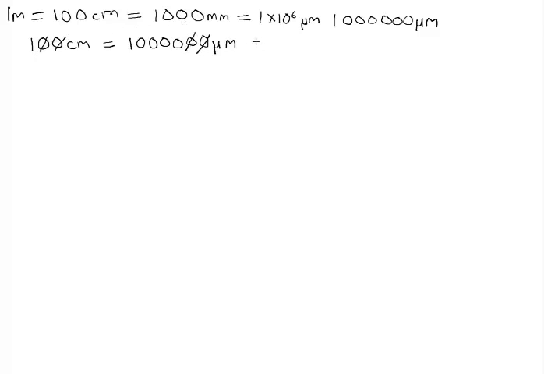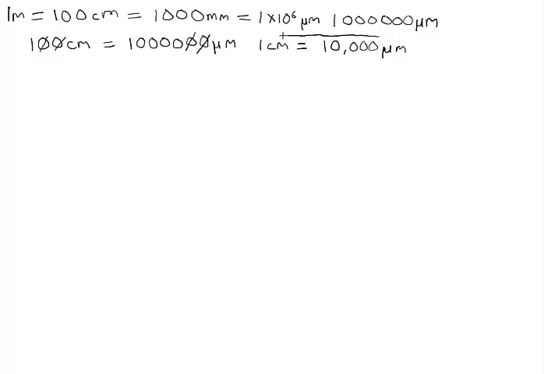So that means that 1 centimetre is actually equal to 10,000 micrometers. Now, you haven't got to work this out every time, you just need to learn this.